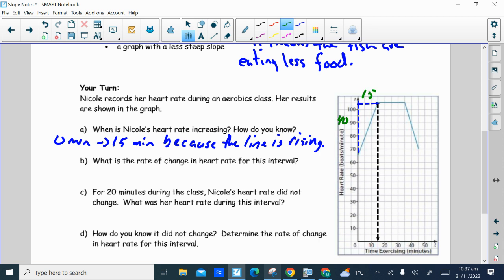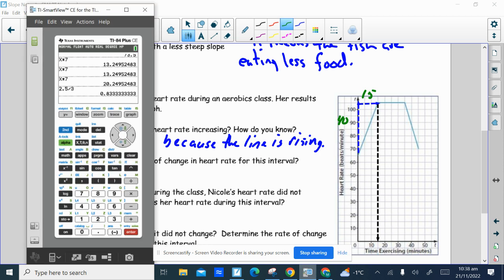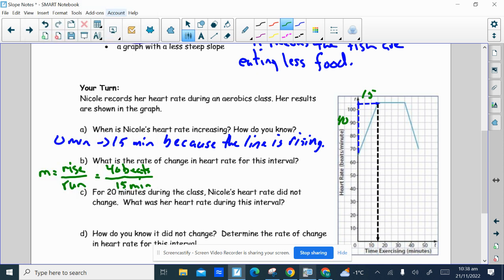So it rises 40 beats over 15 minutes. Remember, the slope is rise over run, which in this case is 40 beats divided by 15 minutes. 40 divided by 15 is a repeating decimal, 2.6 repeating.